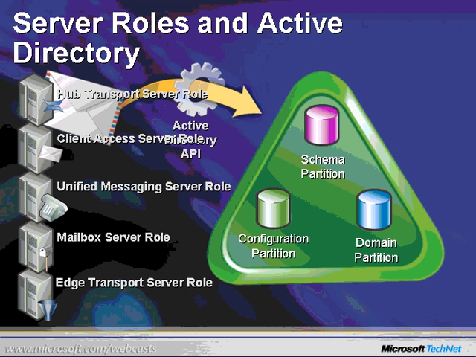If I look at the next server role, there's the Client Access Server role. This is about as close of a role as we can get that compares to the Exchange front end when you look at 2003 and 2000. But the Client Access Server role is responsible for all client connectivity pieces as it relates to communicating with Exchange: POP3, IMAP4, Exchange ActiveSync, Outlook Web Access.